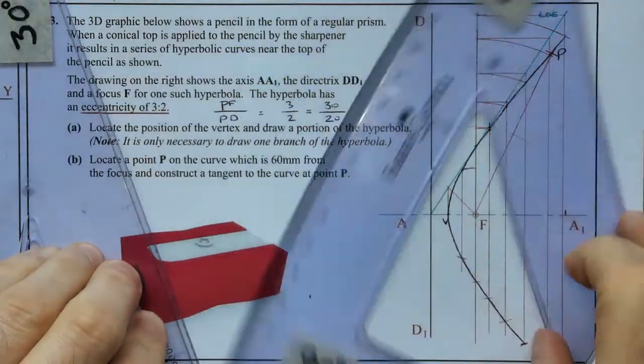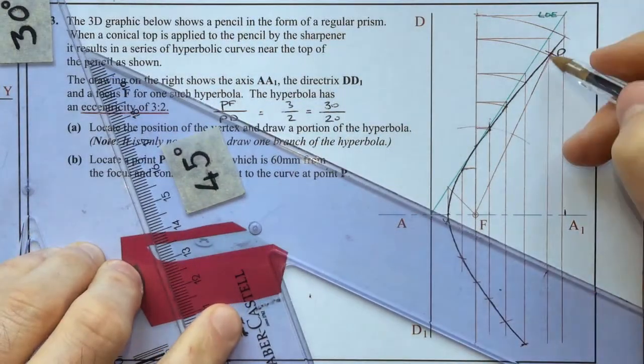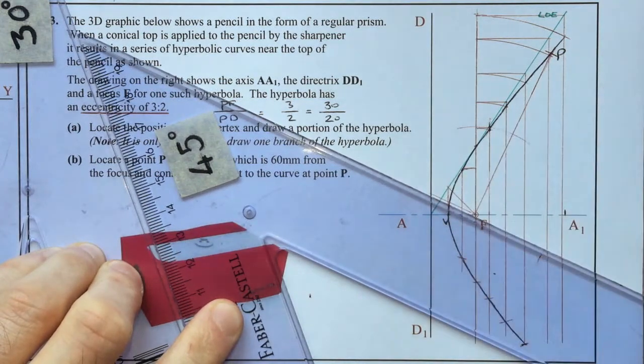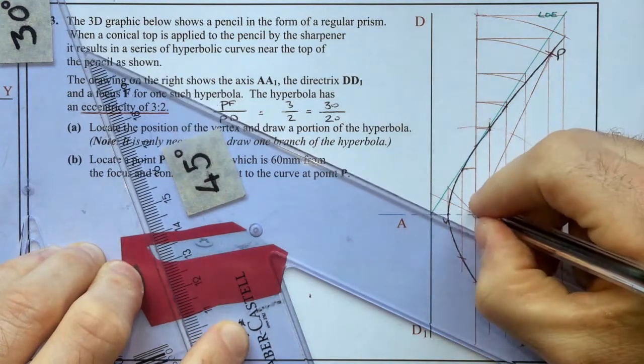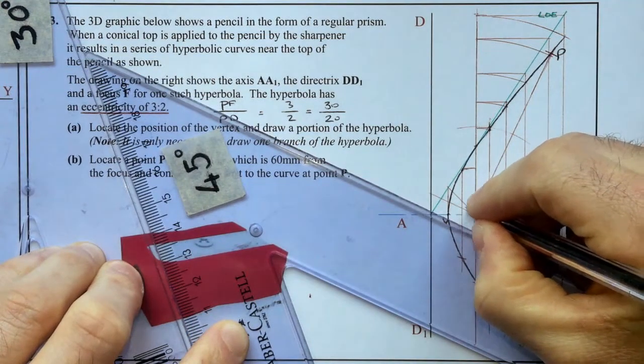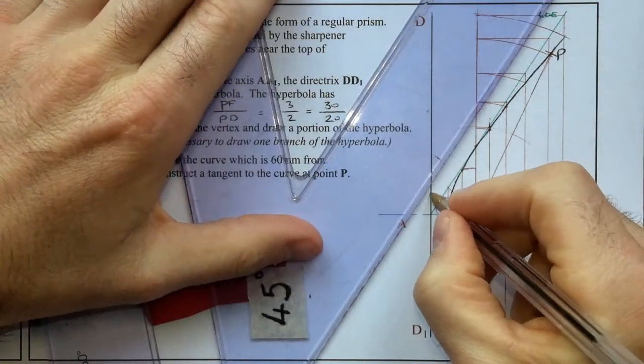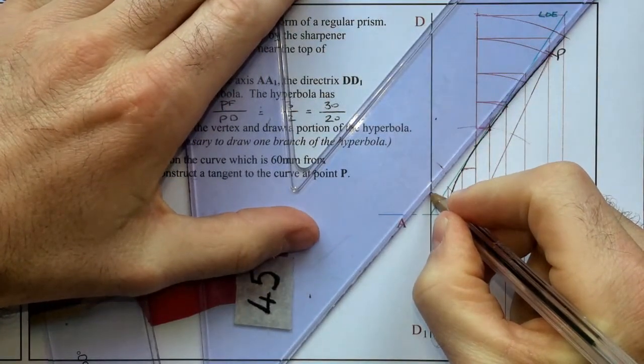I'm going to rotate it so that I've created a perpendicular angle to this line F to P. So that angle in there is perpendicular. Where that point hits the directrix should give me the tangent.